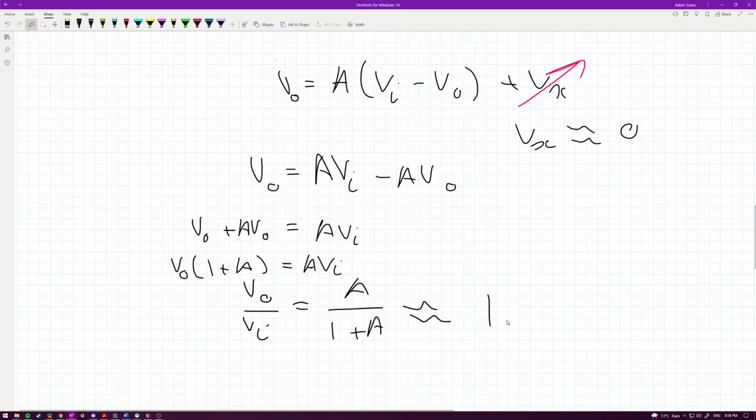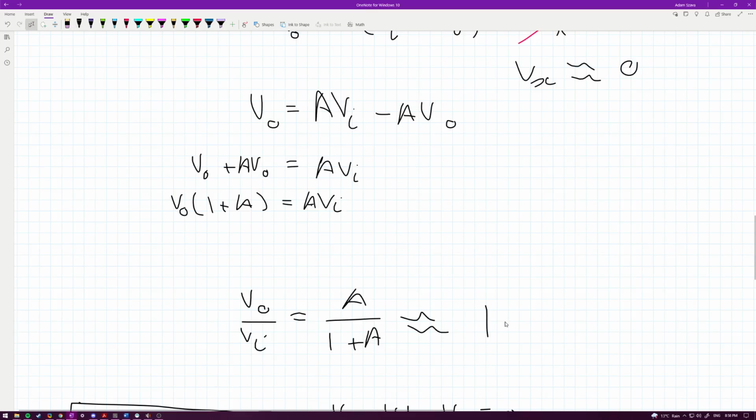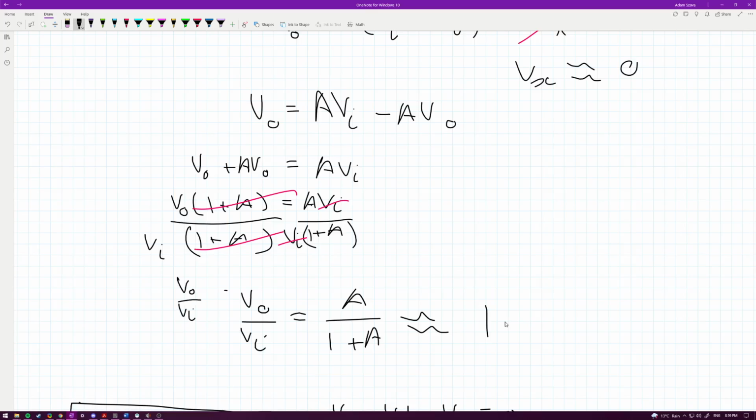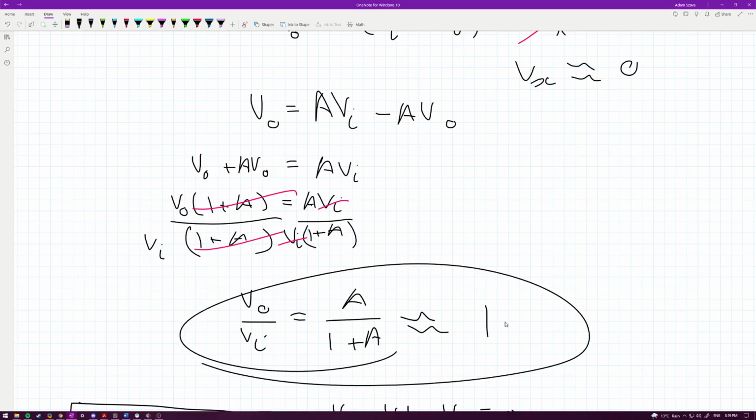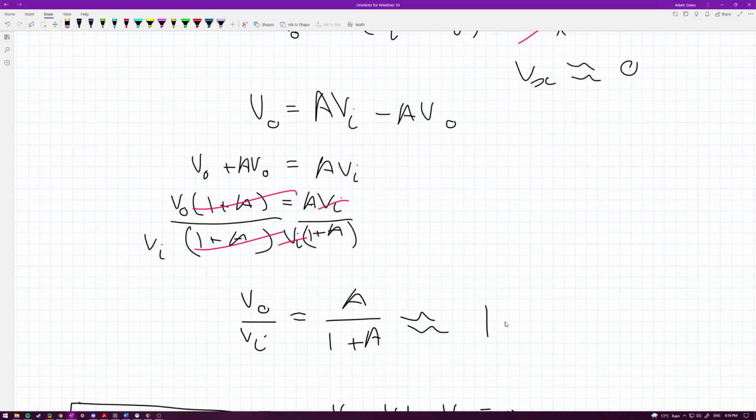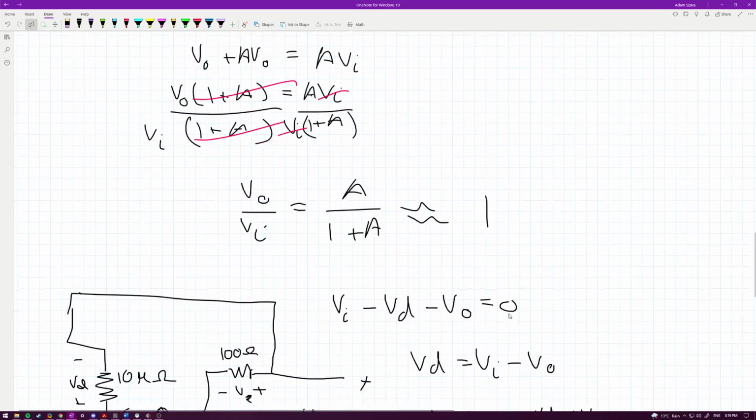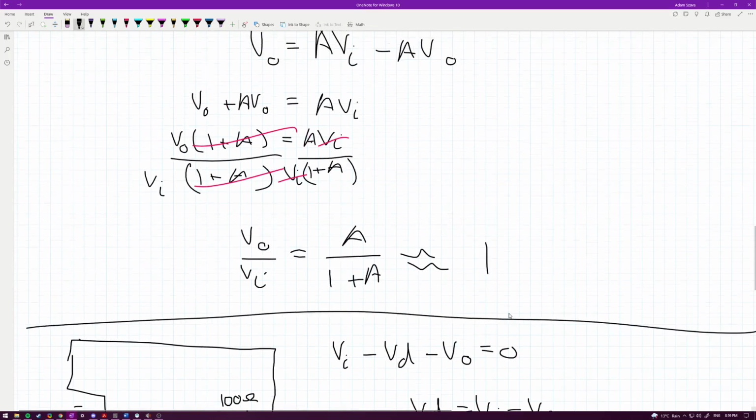You just divide both sides by 1 plus A, and also by VI, and you get VO over VI equals A over 1 plus A, exactly the next line. Okay, that makes sense. It's almost like cross multiplying.